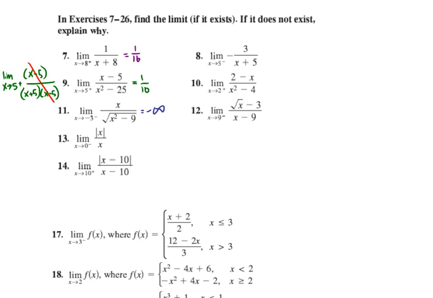Again, there are a number of ways to think about it, but if we just pick some numbers that approach 0 from the left, so for example, negative 0.1, and we plug in negative 0.1 for x, the numerator is going to come out to be positive 0.1, the denominator negative 0.1, so we'll get a ratio of negative 1 there.